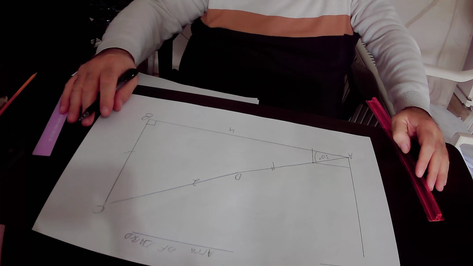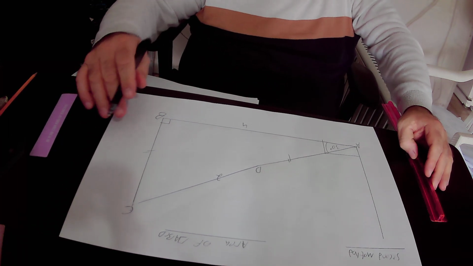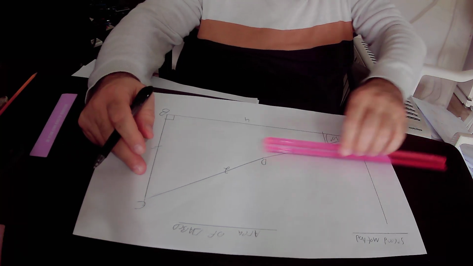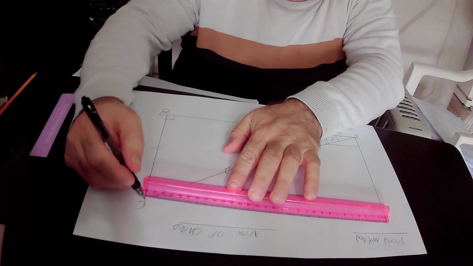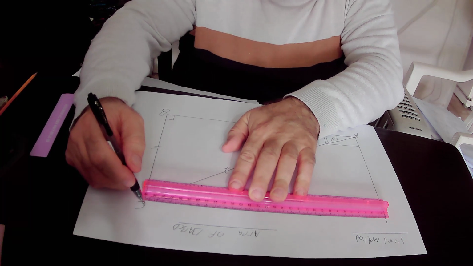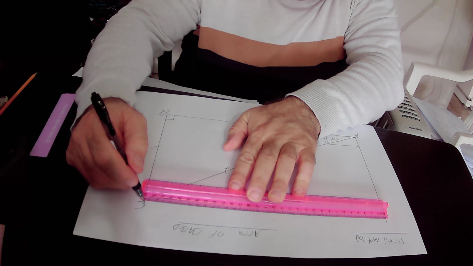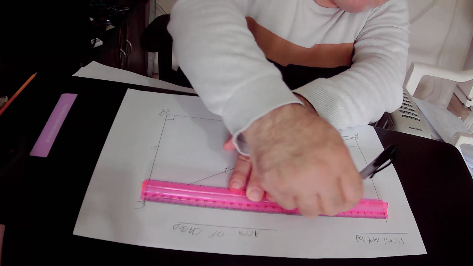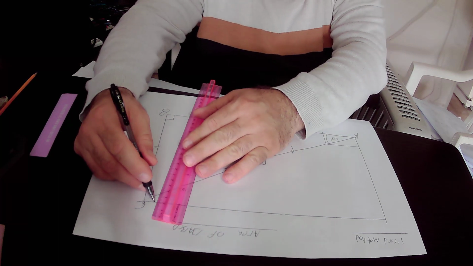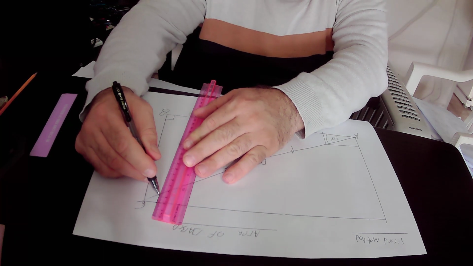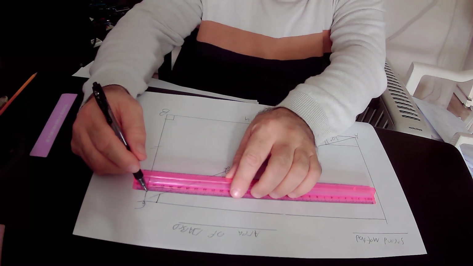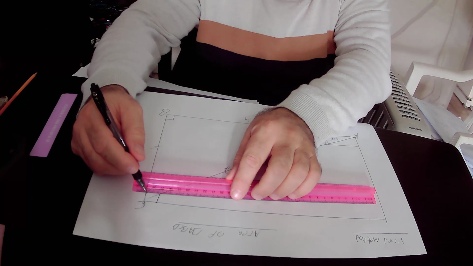And also from point C we will draw a perpendicular to CB. So actually this angle will be a right angle because we drew a perpendicular from point C, so this is a right angle, it equals 90 degrees.